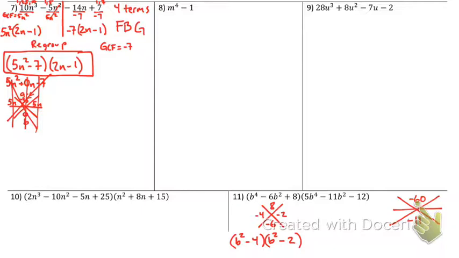And then we're going to go ahead and write the 5b here and the 5b squared here. 5b squared, 5b squared. We're splitting up that first guy. Okay. So now we have to figure out what multiplies to negative 60 that adds up to negative 11.